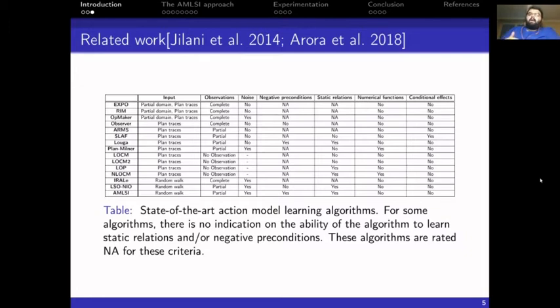Another problem is that these algorithms are generally tested using syntactical measures, and some of these algorithms are not accurate. In other words, these algorithms are not able to learn domains able to resolve new planning problems.